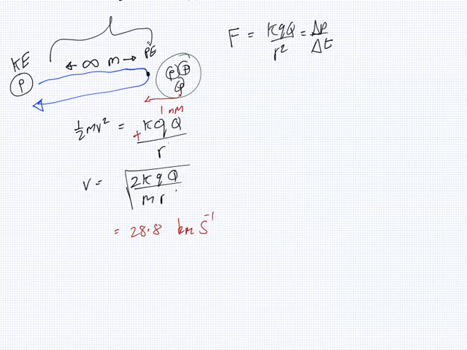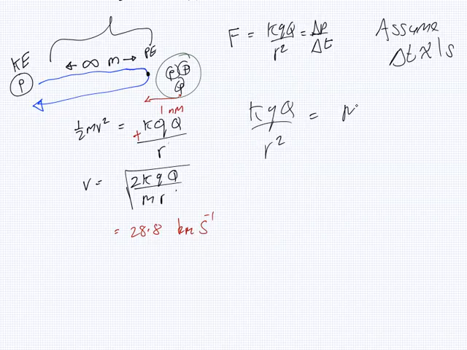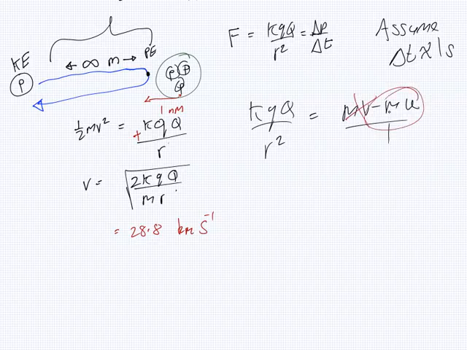I suppose we could, let's just see what happens if we assume delta t is roughly 1 second. So you get k q over r squared equals mv minus mu over 1. But this is 0. It's actually this that you want. I won't care about the minus, I'll just cancel all the minuses.